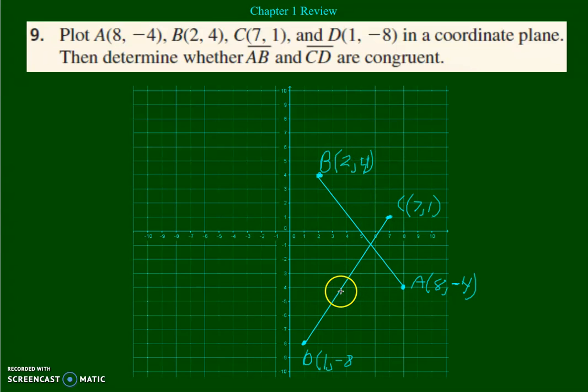All right. So (2, 4) and (8, -4). We're going to use the distance formula, of course. 2 minus 8 is negative 6. 4 minus a negative 4 is 4 plus 4, which is 8.